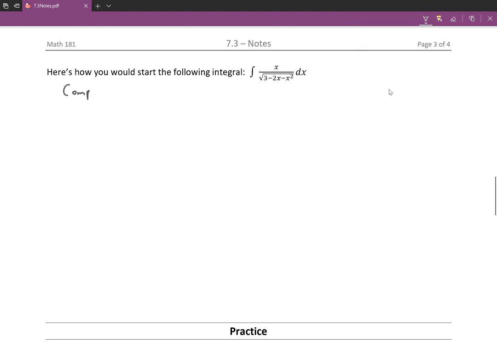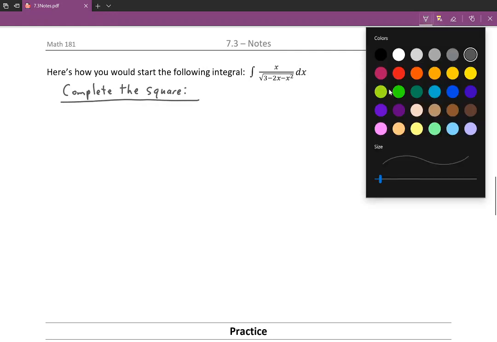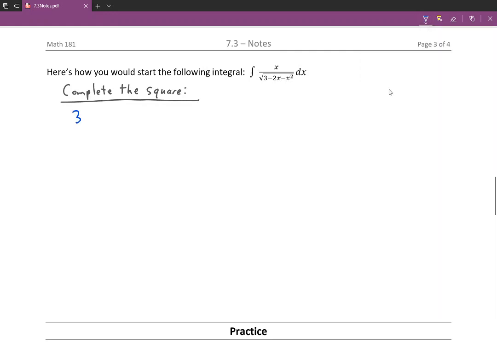Complete the square. So we're completing the square for that polynomial that's inside the radical, for the 3 minus 2x minus x squared.